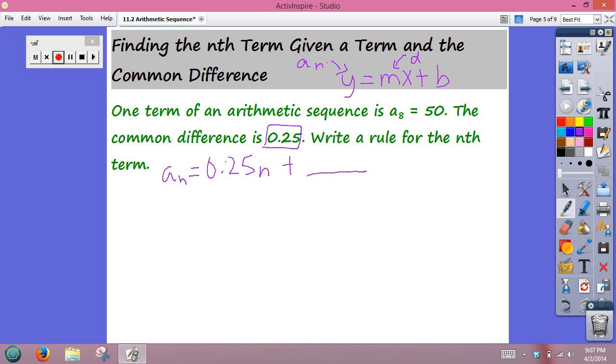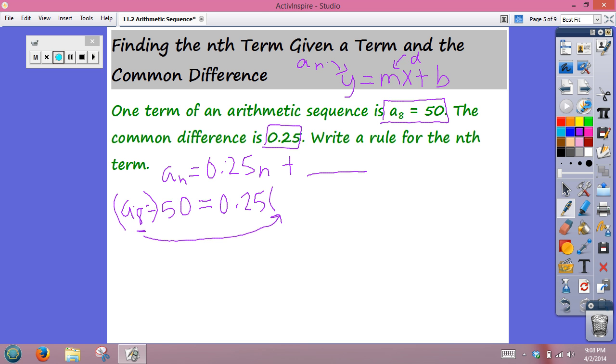We are given that a8 equals 50. So if our a8 equals 50, that means an is 50, which is going to be equal to 0.25 times n, which we know is 8, 0.25 times 8, plus x, because that's the number that we're trying to find here.